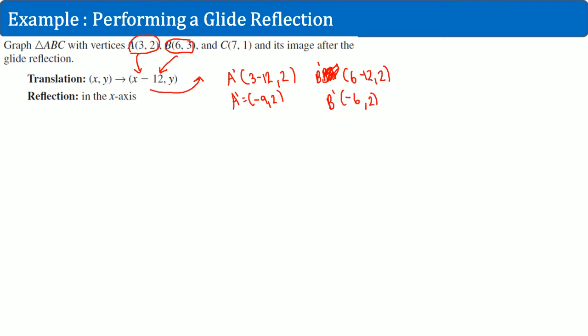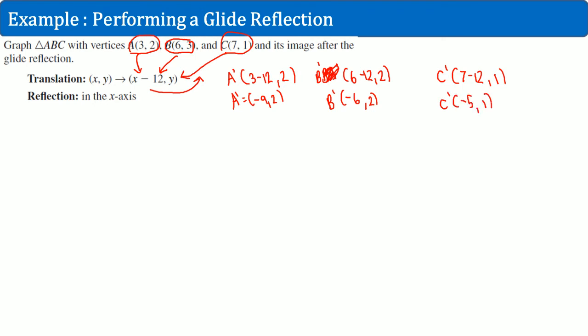Nothing happens to the y. Let's do that for C prime. We plug this into the general rule. So it's going to be 7 minus 12, and nothing happens to the y, which is just 1. 7 minus 12 is negative 5, so C prime is negative 5, 1.